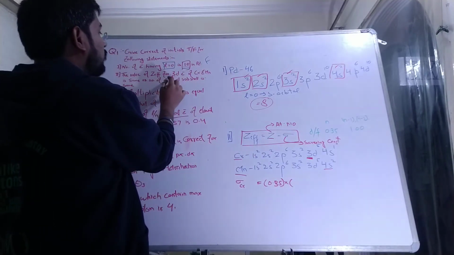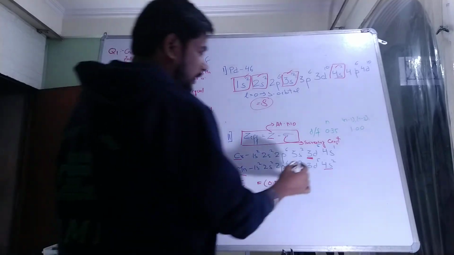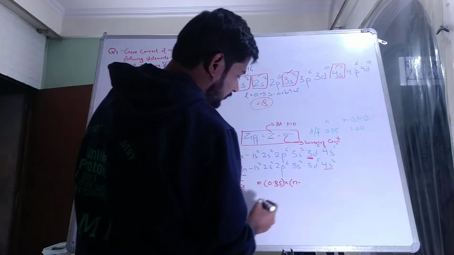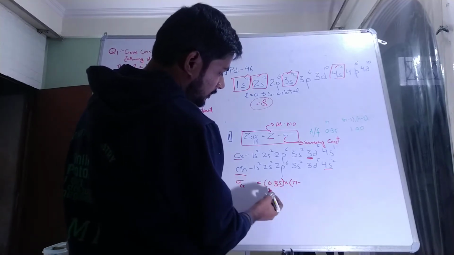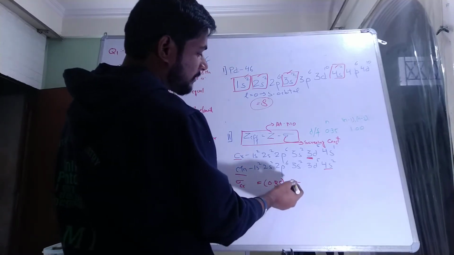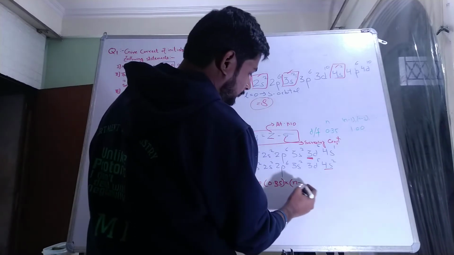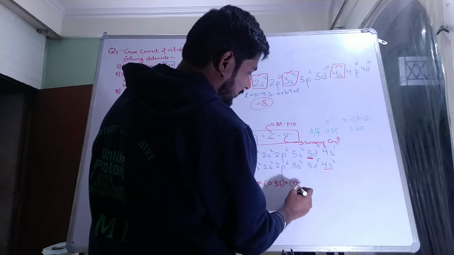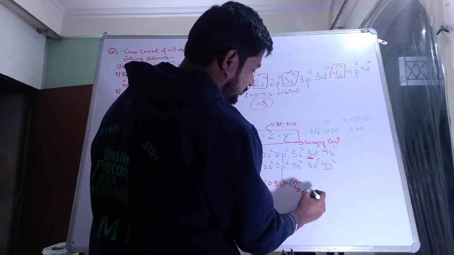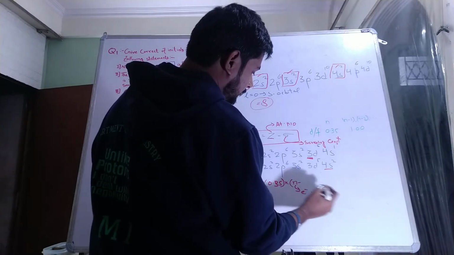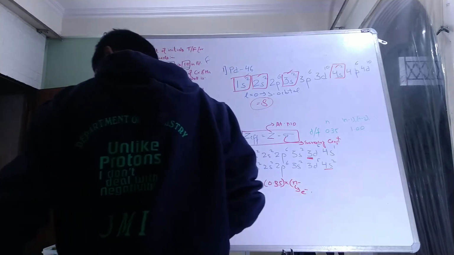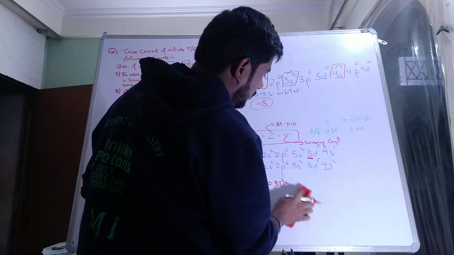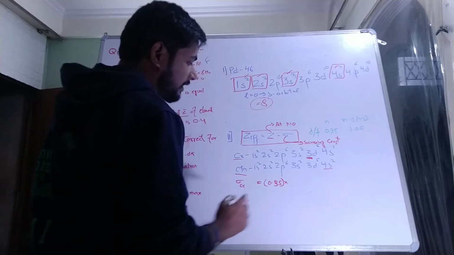We have to calculate Z effective for the 3d electron. So n will be 3, and in the formula we know 0.35 multiplied by n minus 1, and n will be the electrons in that shell. Here in 3d we have 5 electrons.